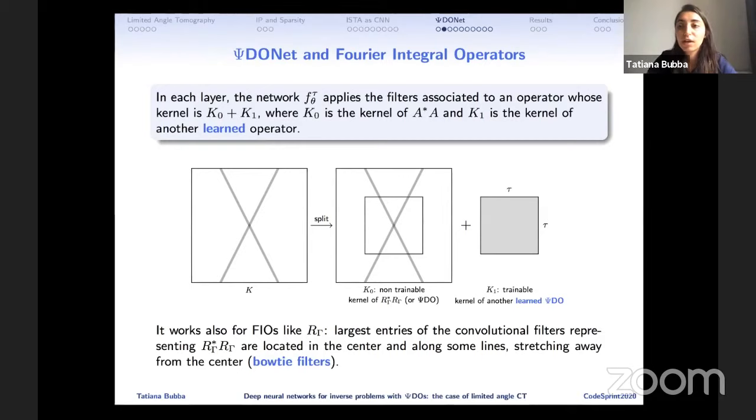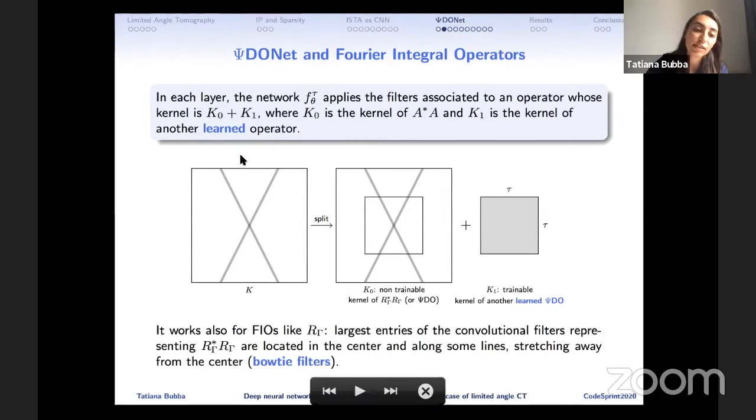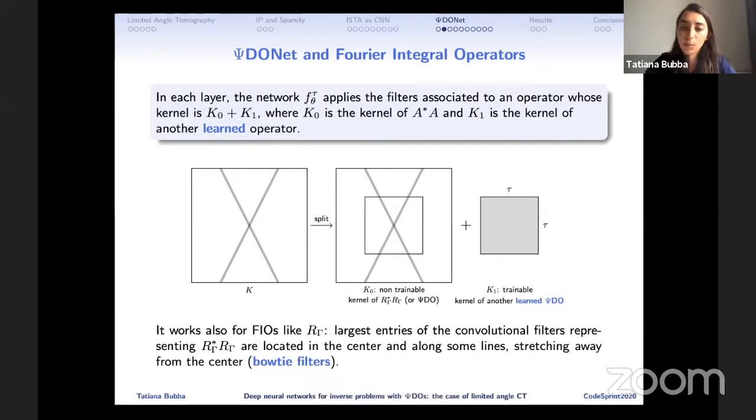So for the case of the limited angle transform, imagine that your kernel is something like this, and if you recall, these lines are intended because this marks the visible wedge in the limited angle tomography. This is split in two parts. K0, which is non-trainable, so this is something we pre-compute and we have. I'm going to show you an example in a moment. And then this is the K1 part, which is of size tau times tau. So this is our hyperparameter for the size of the convolutional kernels. And this is the trainable part, which we can prove leads to another learned pseudo-differential operator.